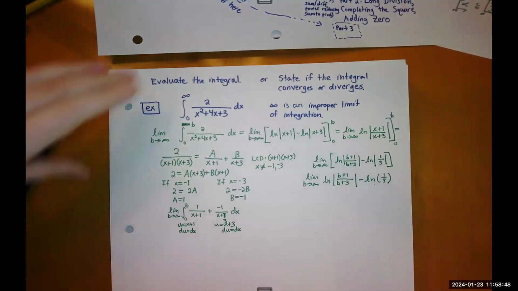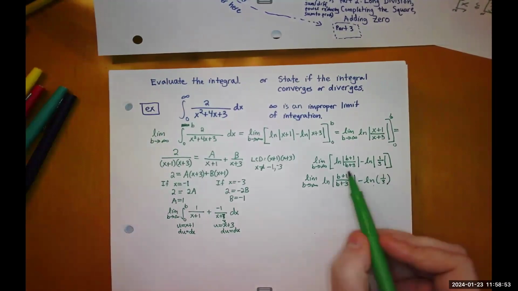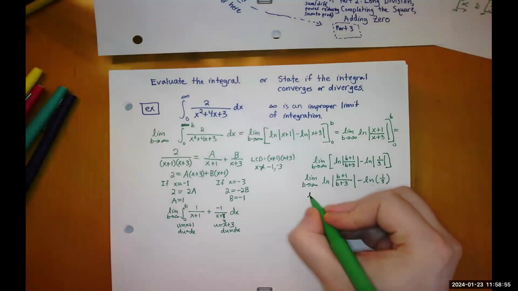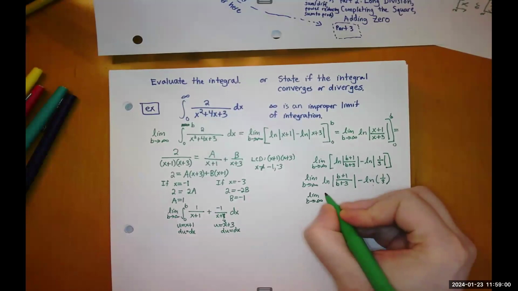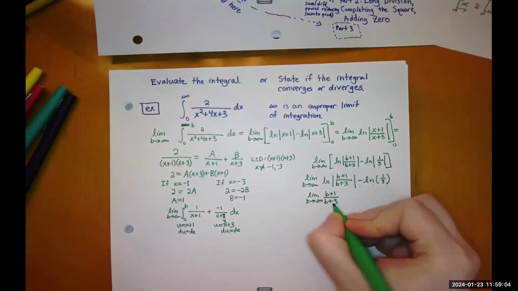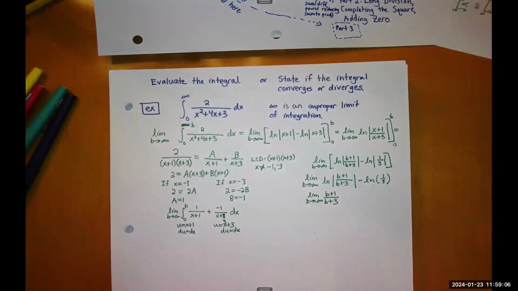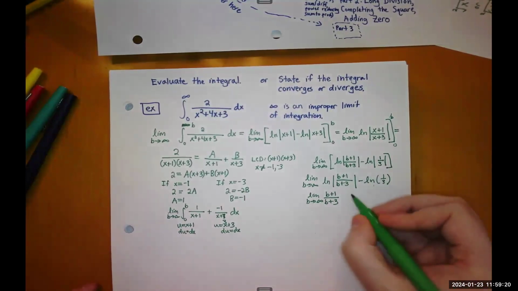So how do we evaluate this limit? Well, it's been a while, but we consider this component first. So if we can do the limit as b approaches infinity of b plus 1 over b plus 3, which we can, then we will be able to successfully evaluate the entire integral.